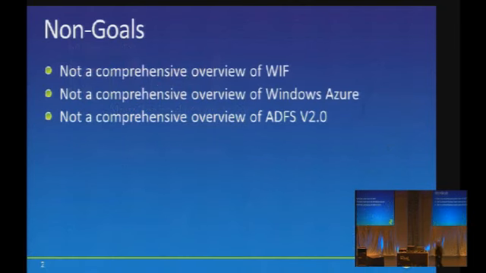So, we're going to talk a bit about federated identity in the cloud and how you can federate. But, just to be clear, this is not a comprehensive overview of Windows Identity Framework, nor is it a comprehensive overview of Azure or a comprehensive overview. That's kind of oxymoron, isn't it? A comprehensive overview of ADFS v2.